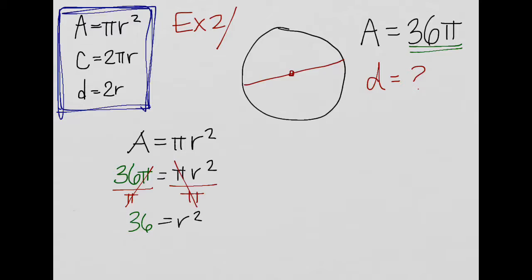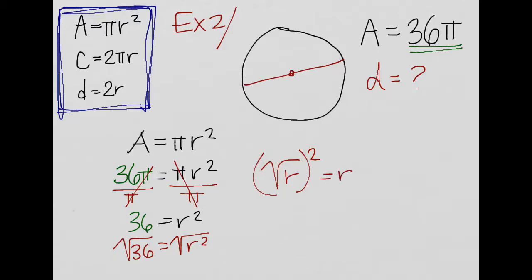This is asking what number times itself gives me 36. You probably already figured this out in your head, but in case you didn't, or in case we have a number that's not a perfect square, I want you to see what we need to do next. We need to unsquare that, or take the square root. When you have the square root of some number and you square it, the square and the square root cancel, and you're left with just what's under the radical.